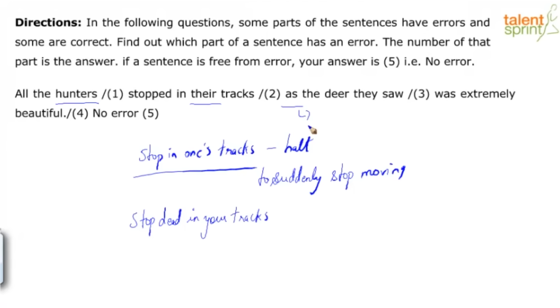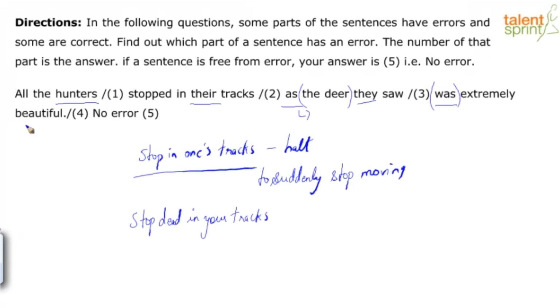Tracks, meaning each of the hunters' tracks, I need a plural noun, so that's correct as it is. I don't have to make any changes in part 2. Stop dead in your tracks. Yes. So as the deer they saw, so they again is the right pronoun, substituting the hunters, was is the right verb, because we're talking about a singular subject deer, I need a singular verb. Was extremely beautiful.